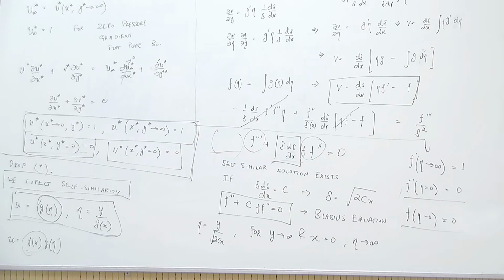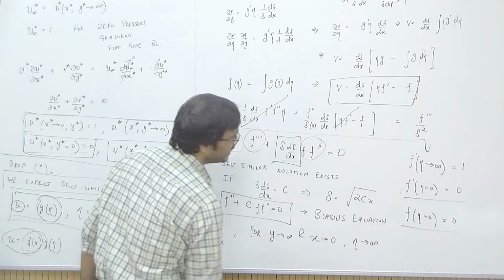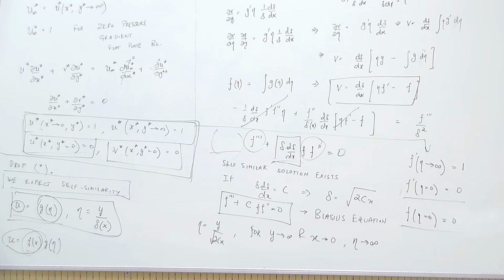Okay. The self similarity is, instead of u being similar, u by f(x) is self similar. And that requires, as I said, iteration. You need to look at your boundary conditions and see if all of them collapse into one closed set.